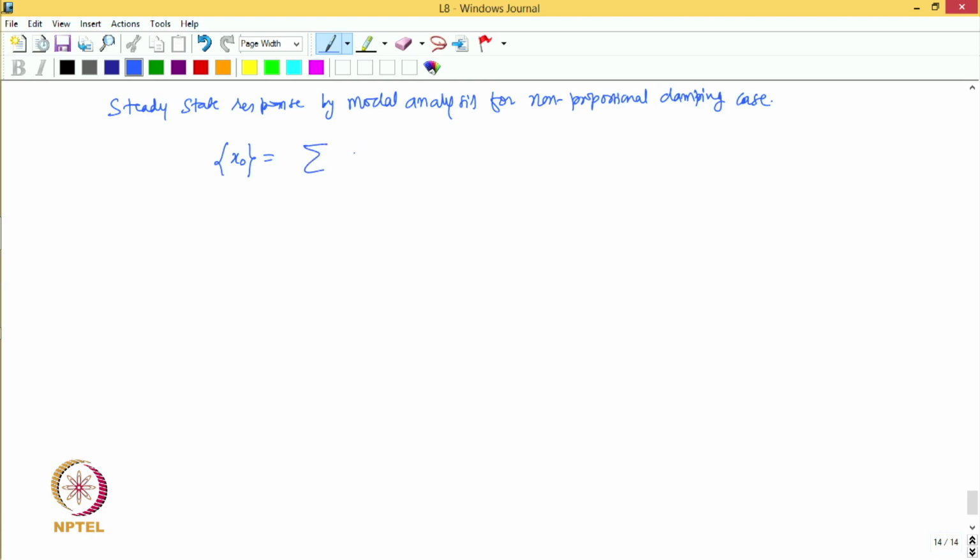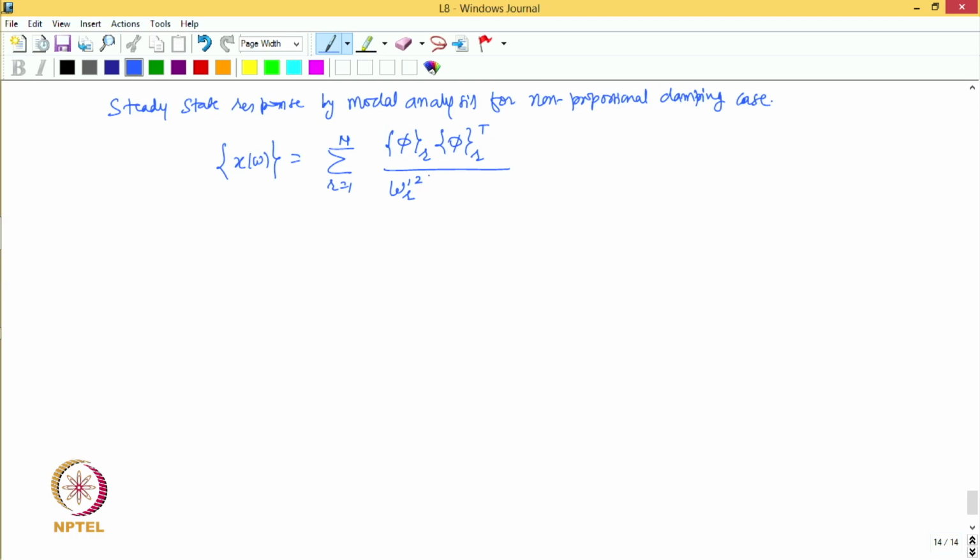So we get x of omega is equal to summation from r is equal to 1 to n, phi r transpose divided by omega r dash square minus omega square plus I omega r dash square eta r, and then we have f of omega.